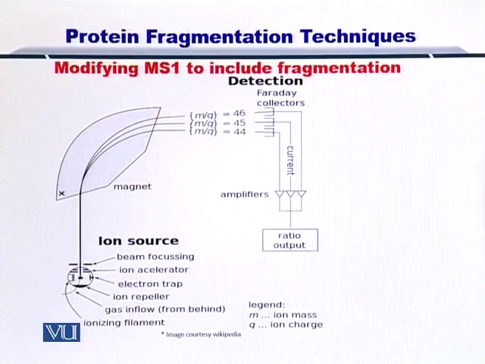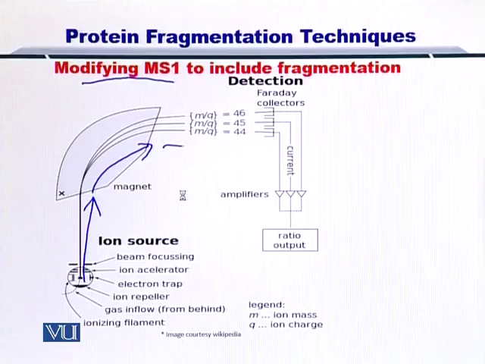Let me explain this to you by looking at this schematic. This time we're going to modify this schema to include the fragmentation chamber as well. So your sample actually traveled, got deflected, got measured, and here you have 3 different molecules that were there in the sample originally.